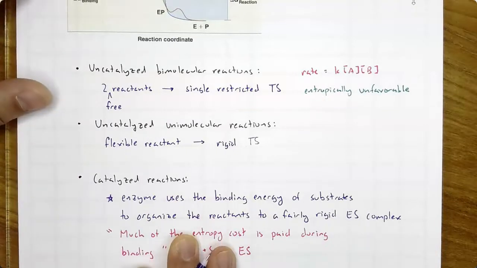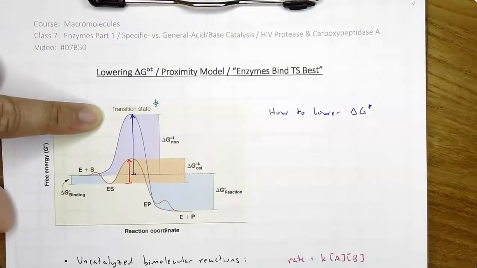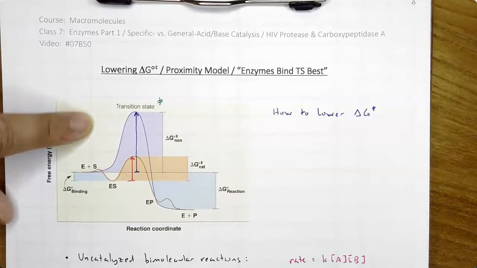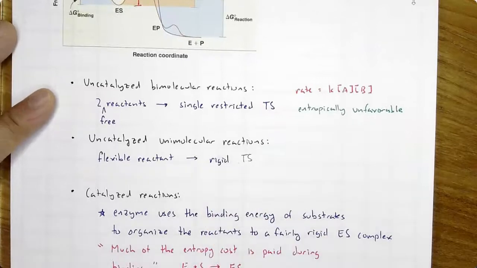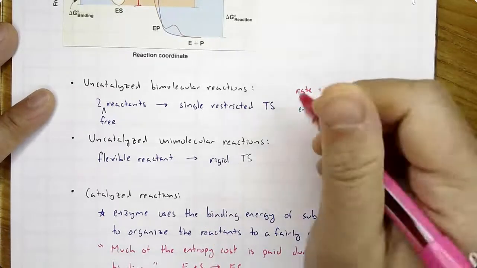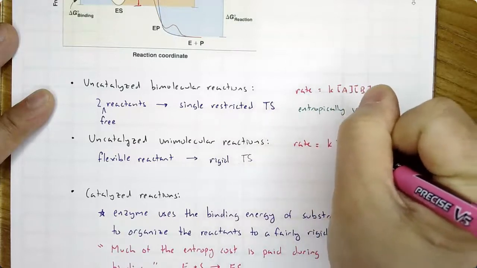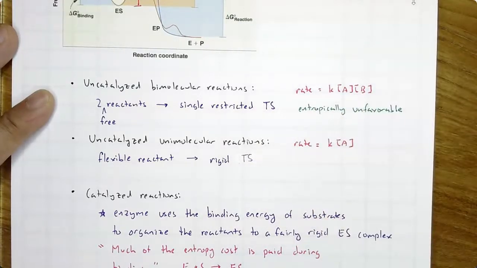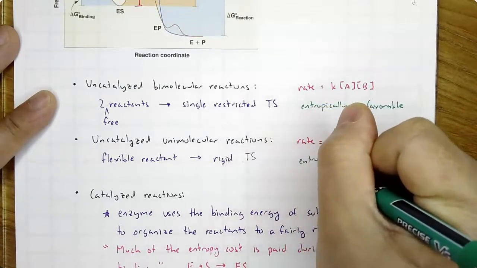Don't forget, the transition state is a high energy transient species in the reaction coordinate diagram. This also is entropically unfavorable. Here the rate law is just the concentration of one molecule, and again, entropically unfavorable.